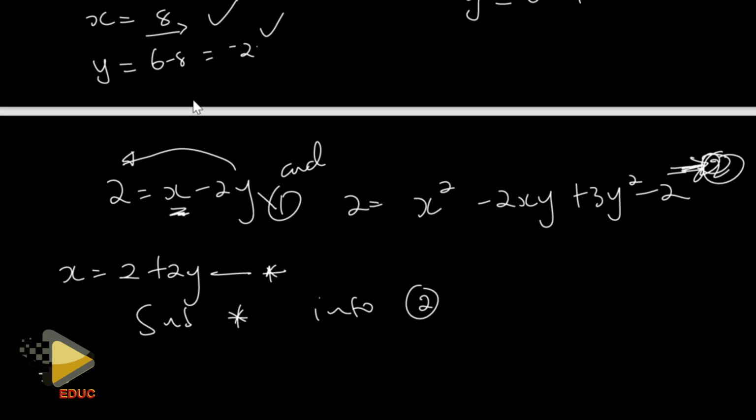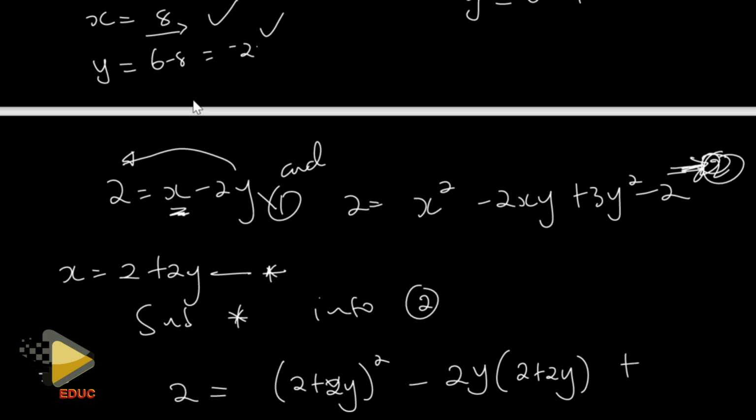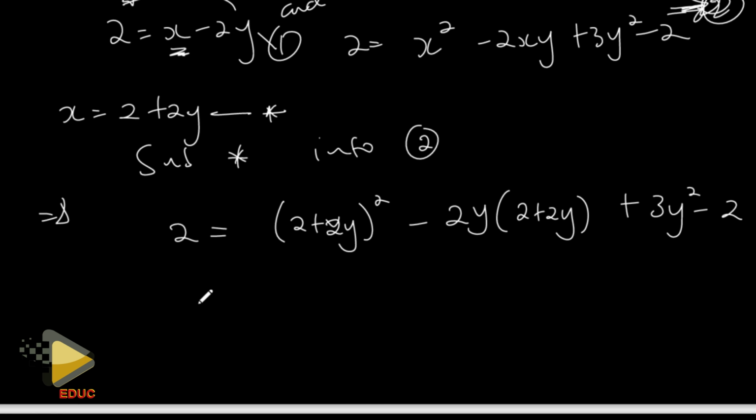Then this is going to be 2 is equal to 2 plus 2y squared minus 2y into the x, which is 2 plus 2y, plus a 3y squared minus 2. The aim of doing the substitution is so that we have just one variable at a time.